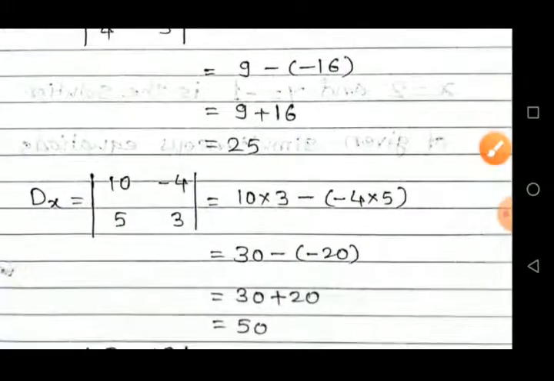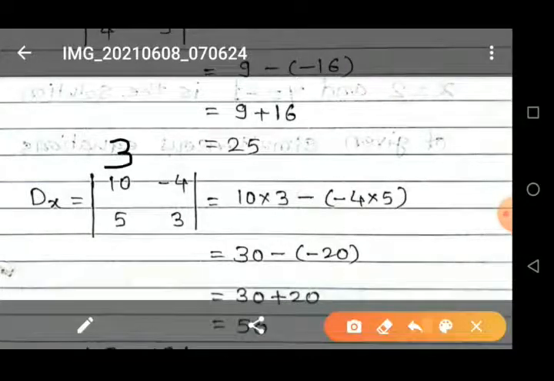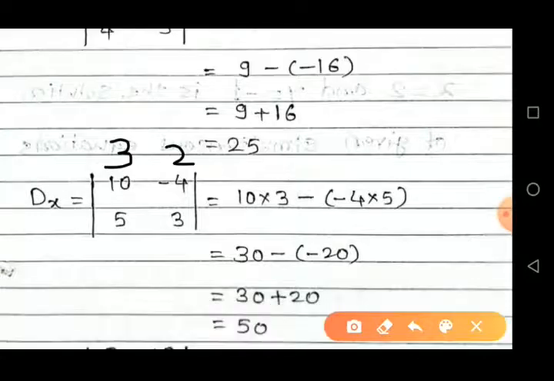Now prepare the determinant dx. For dx I have suggested the number 32. 3 and 2. 3 means column of C1, C2, 10, 5. 2 means values of B1, B2, minus 4, 3, equal to. How to find the value of the determinant we know already.